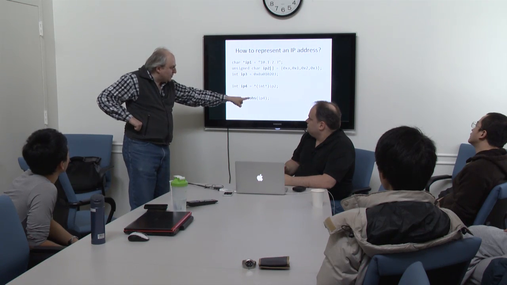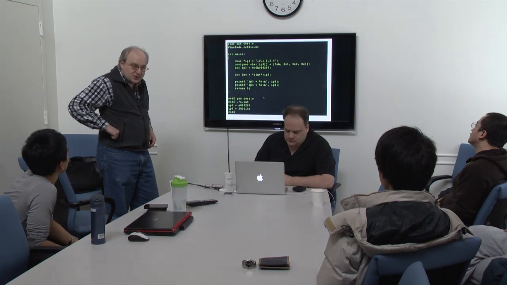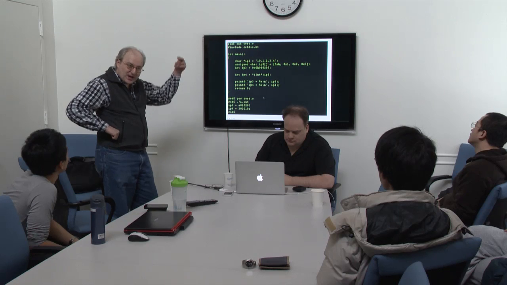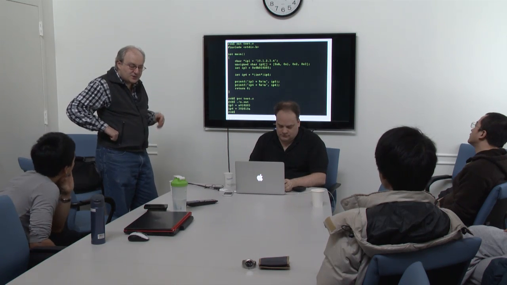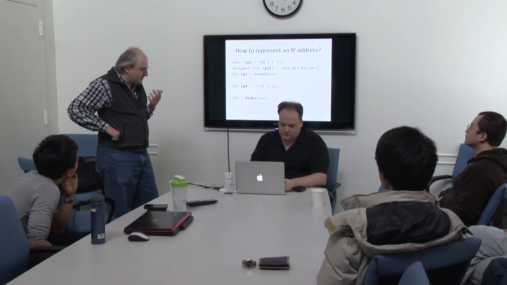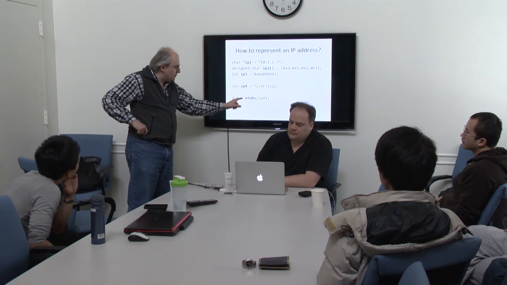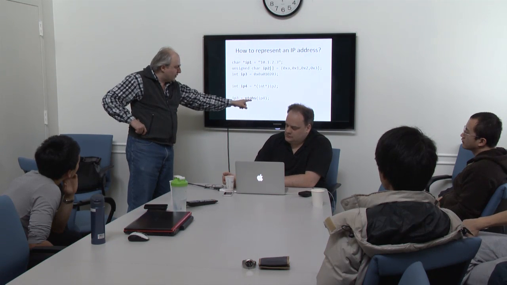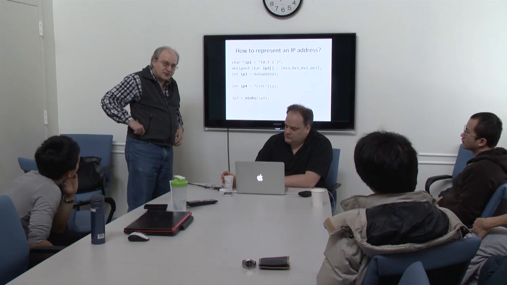Integers that come to you in packets cannot be used straight up as they arrived. You have to surround that with a conversion function. And so you have network to host short, network to host long, and so on.